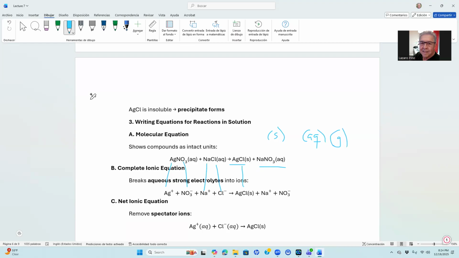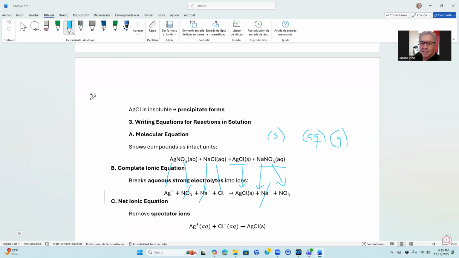As it is a solid, it remains as a solid, and as it is soluble, you divide into ions. After that, you have to cancel what we call spectators, because they are the same in the products as in the reactants.